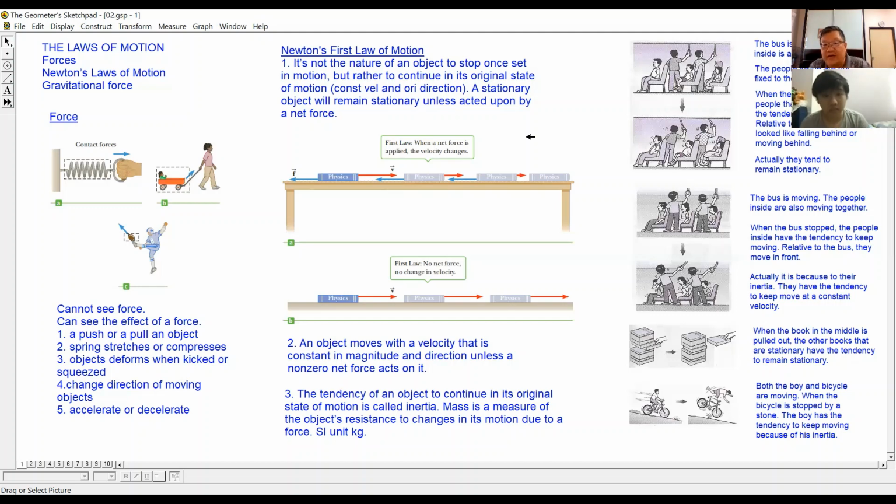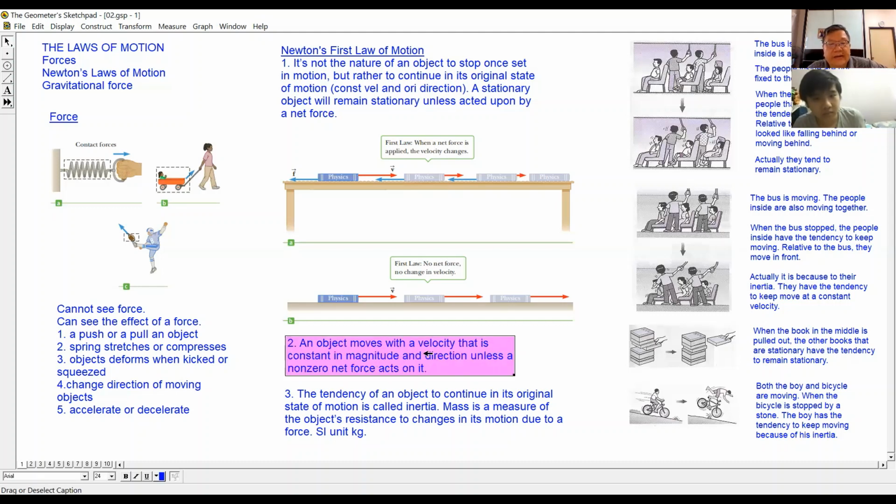If that is the case, there is a net force acting on it. Now let's say it is not moving in a straight line. It is turning here, turning there. If it's turning around, that means there is a net force acting on it. So that is the opposite of what they are talking about in Newton's first law of motion, right?